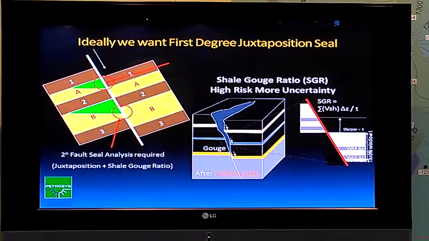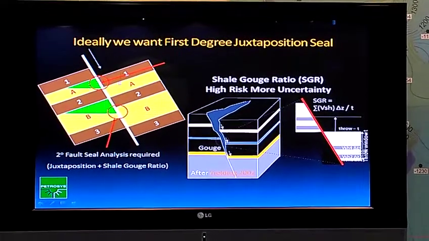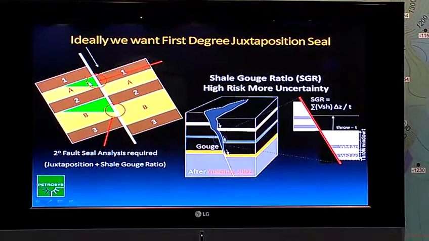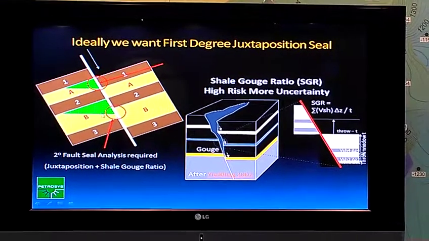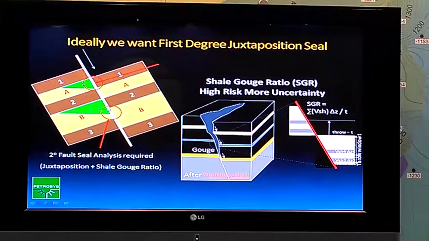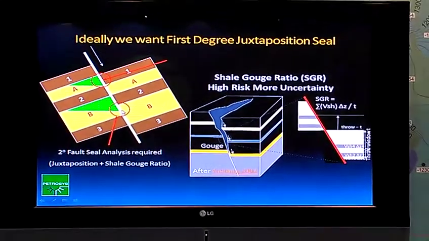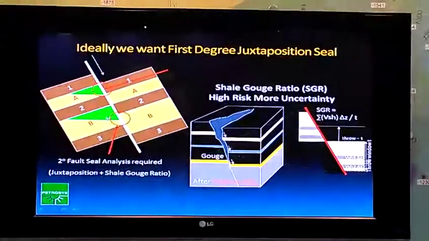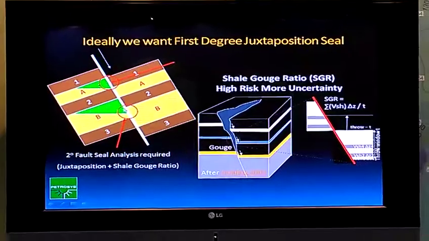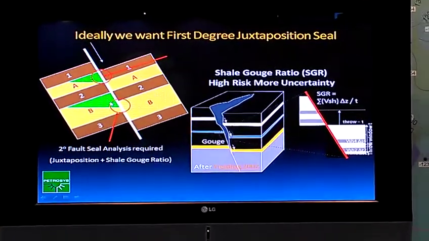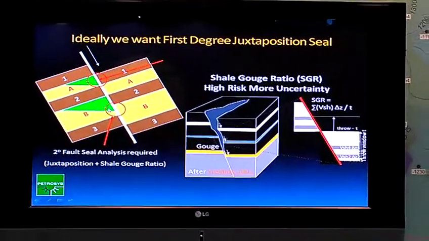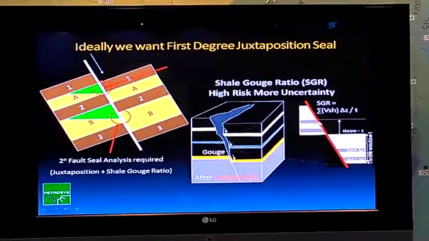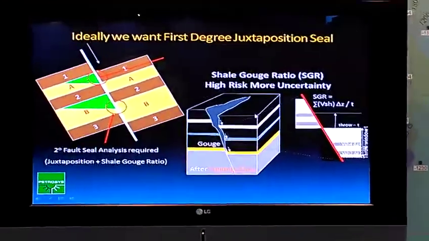In terms of the fault seal mechanisms, ideally what we want is sand on shale juxtaposition. We want that primary sand on shale juxtaposition. Often people are looking for sand on sand juxtaposition, in which case we've got a much higher risk associated with this. Saying, well look, have I got a membrane seal that's going to help us in here? If we are looking at those membrane seals, then one of the commonly used methods is the shale gouge ratio.